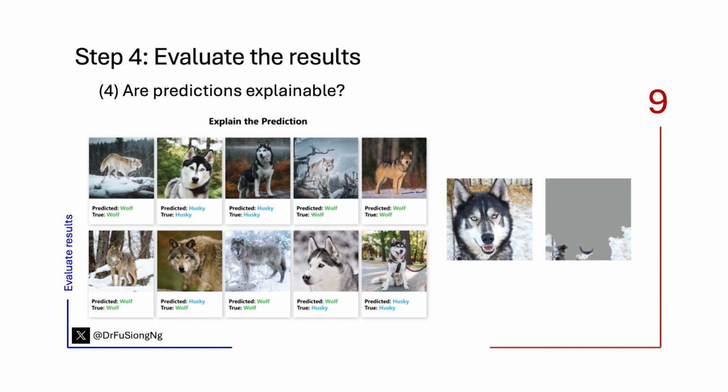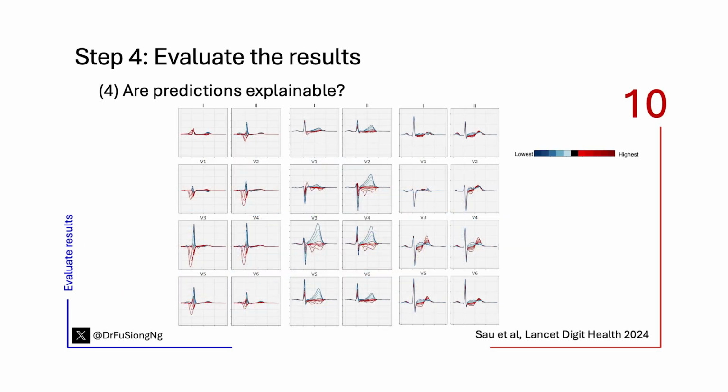In this example of training a model to tell a wolf from a husky, what it's looking at is not the wolf or the husky, but the background. So if it sees snow, then it will say it's a wolf. If it doesn't see snow, it will say it's a husky. So you need to understand what the model is doing and have some confidence in its predictions. And we do things that I'll explain in another session about how you can break down the ECG into different morphologies to work out what it's looking at.